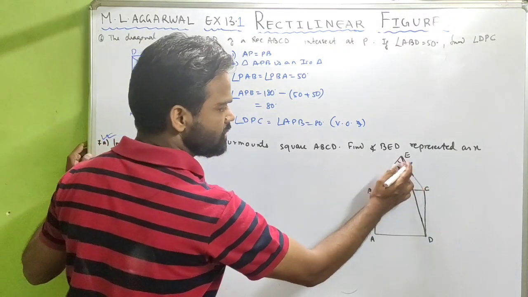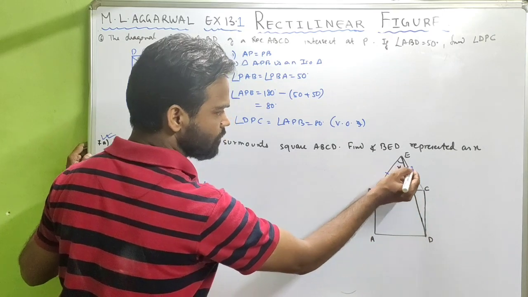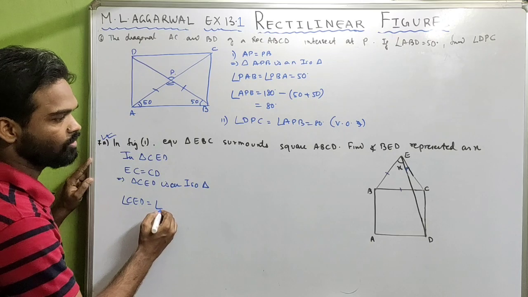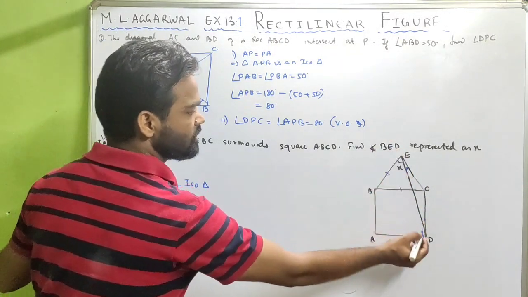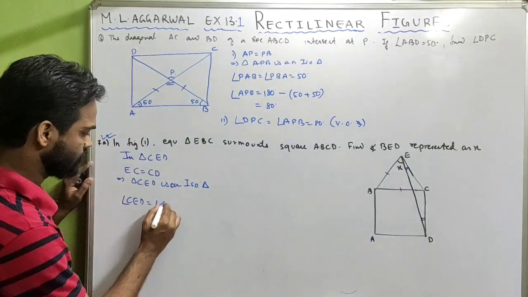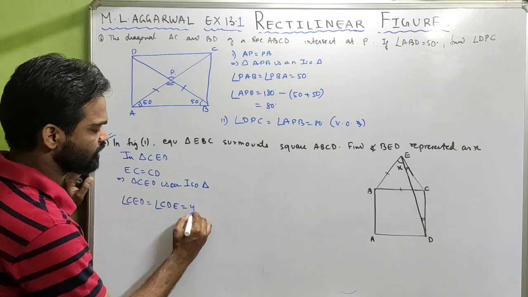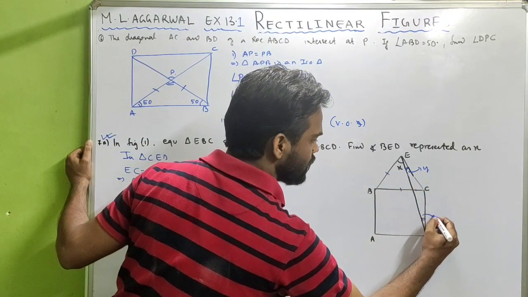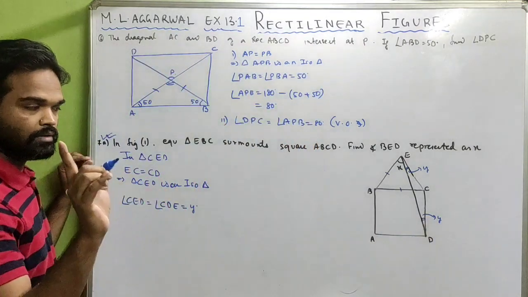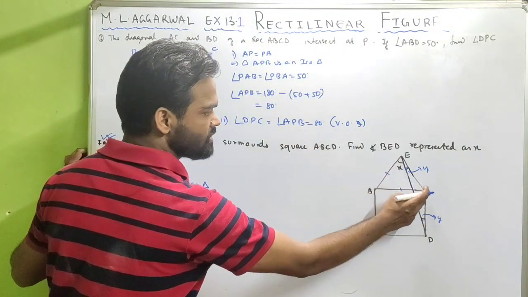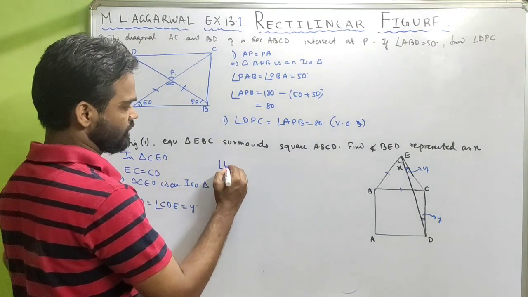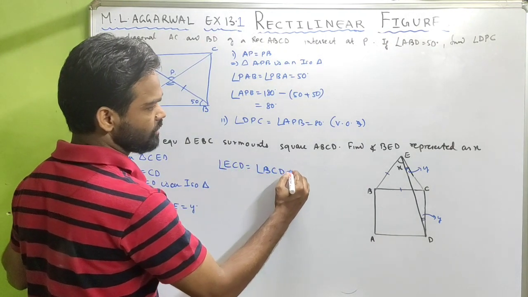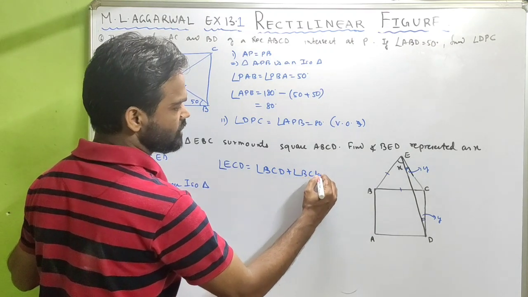And since EC and CD are equal, this angle CED will be equal to angle CDE, this angle, isn't it? Suppose we take it as y. So I'll take this angle as y and this angle as y. Now look carefully. Angle ECD, angle ECD is nothing but BCD plus BCE.